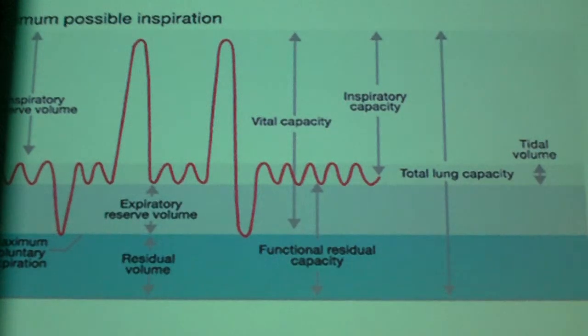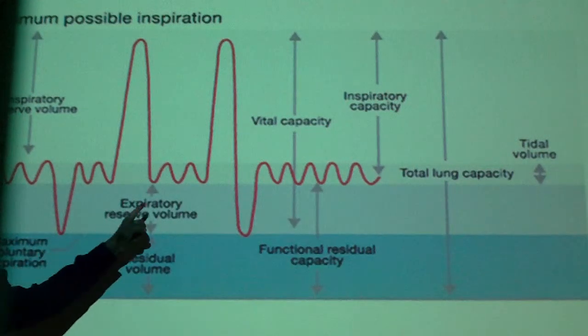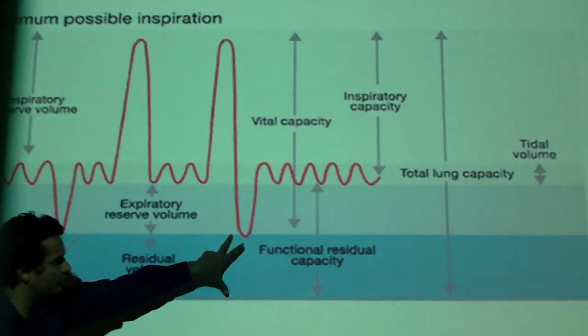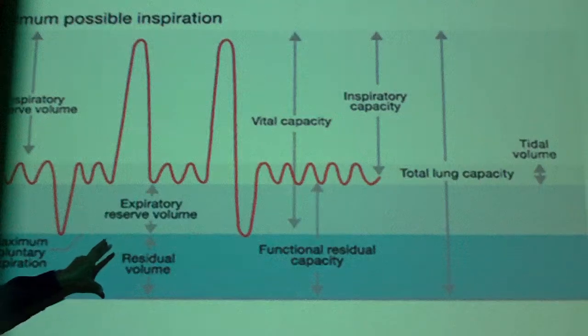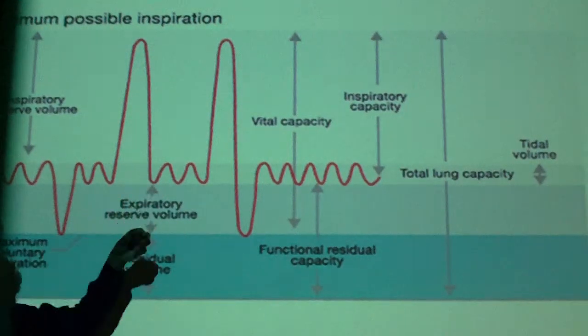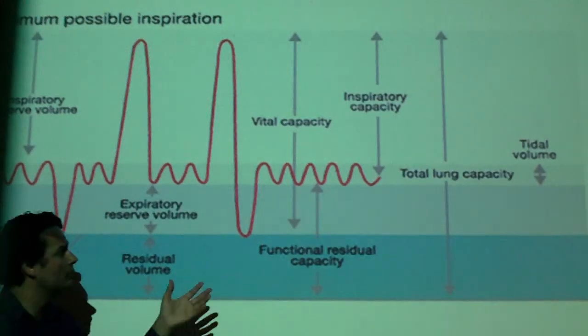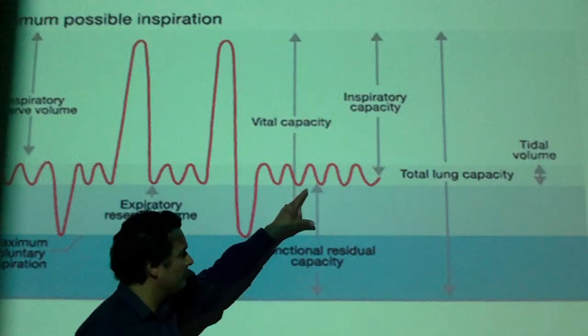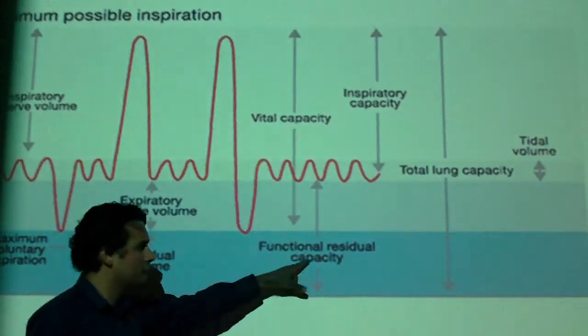After complete inspiration and expiration, there is some air left in the lung, and that we call the residual volume. If we are normally breathing, these are tidal volumes, and then after a normal exhalation, the air that is left in the lung is the functional residual capacity.